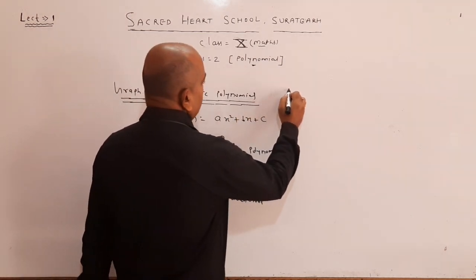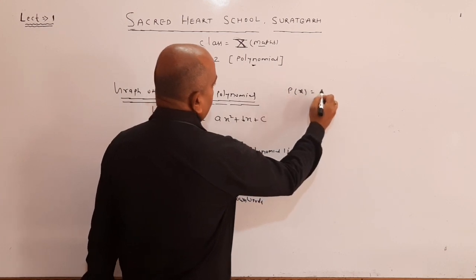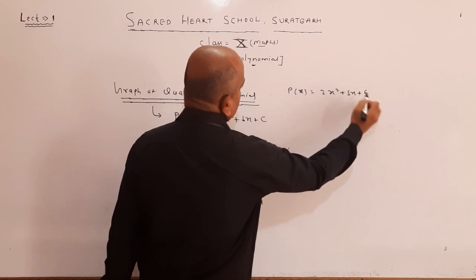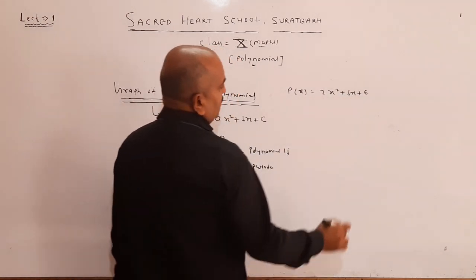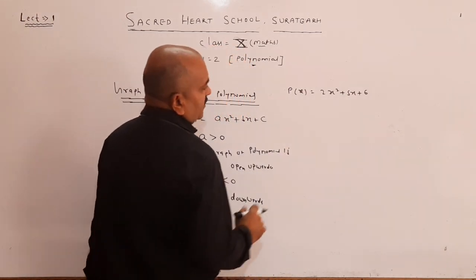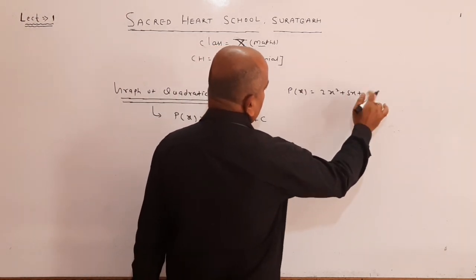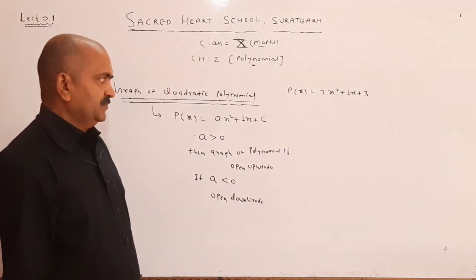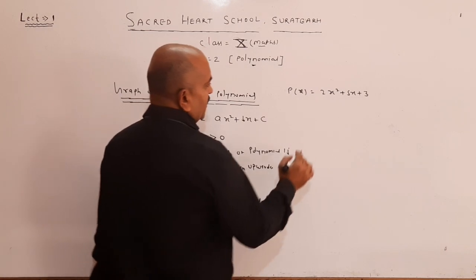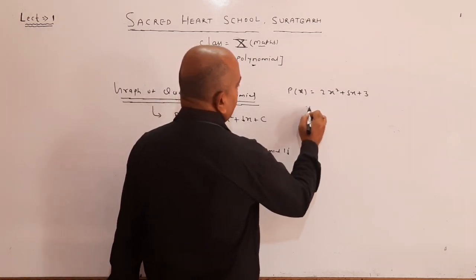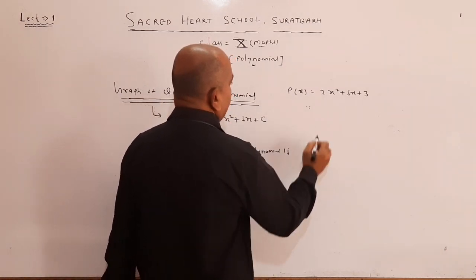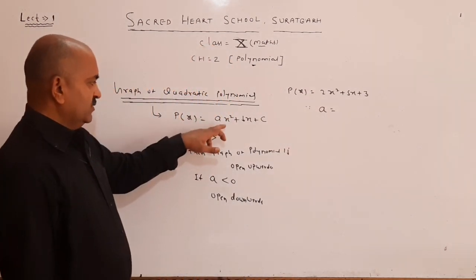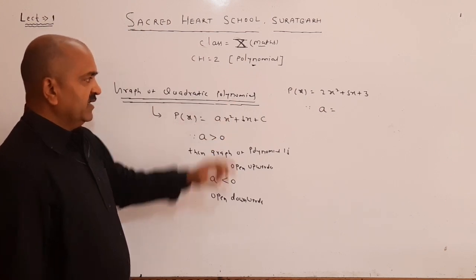Now students, suppose a quadratic polynomial is given of this type, 2x squared plus 5x plus 3. Yes students, we find a. a means the coefficient of x squared.